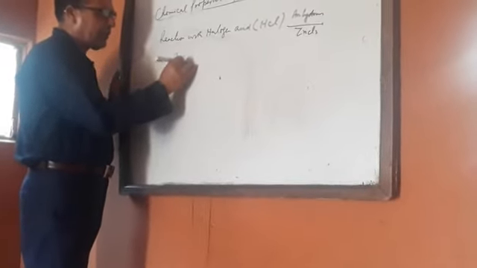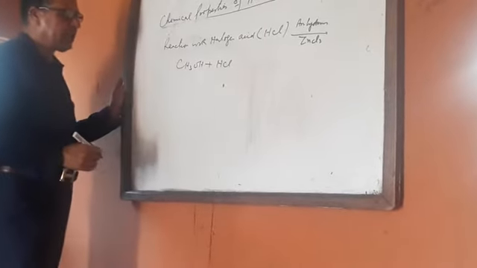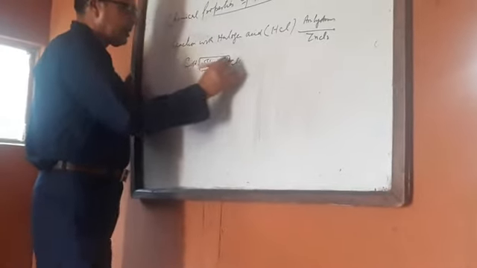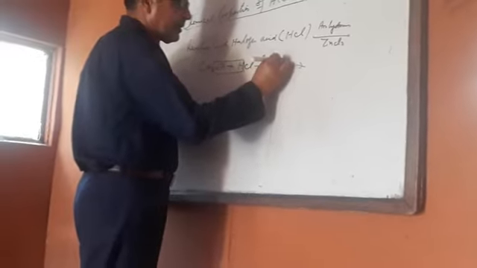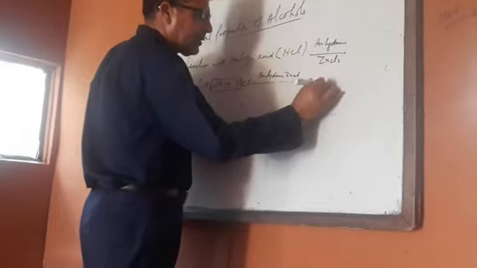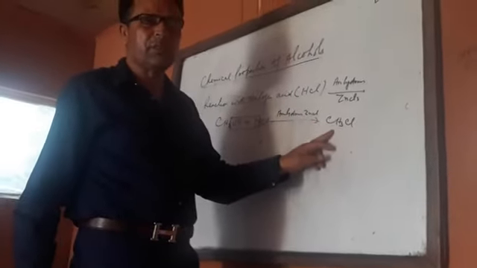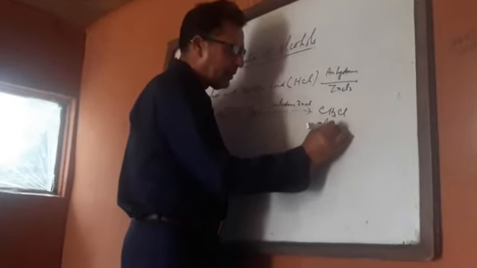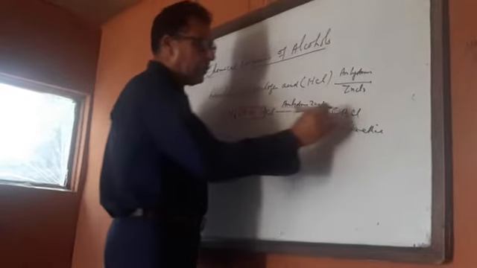For example, methanol plus HCl, in the presence of anhydrous zinc chloride, it gives CH3Cl. इसको कहते हैं chloromethane, which is the corresponding haloalkane, plus H2O.